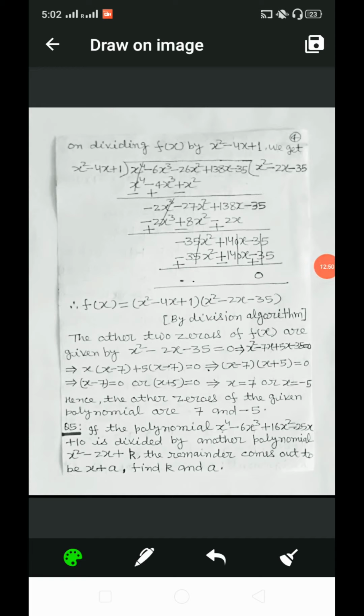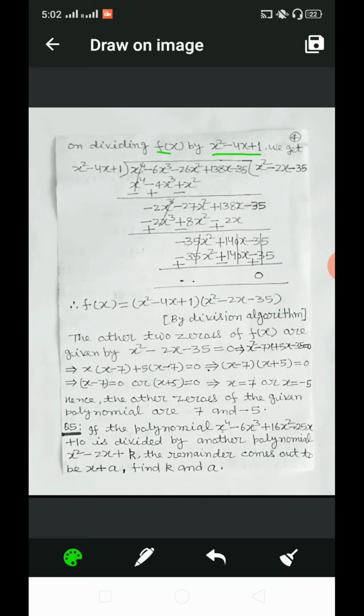On dividing f(x) by x square minus 4x plus 1, we get x to power 4 minus 6x cube minus 26x square plus 138x minus 35 divided by x square minus 4x plus 1.